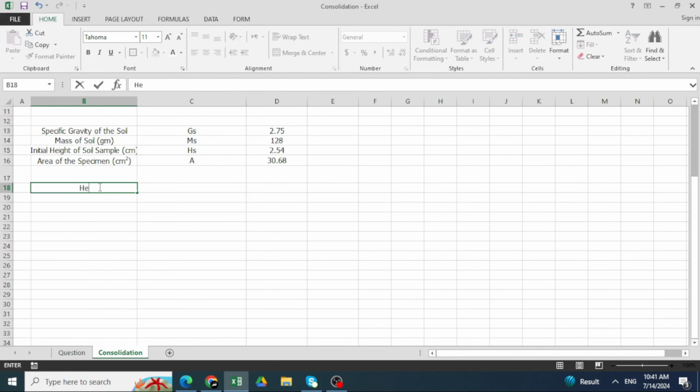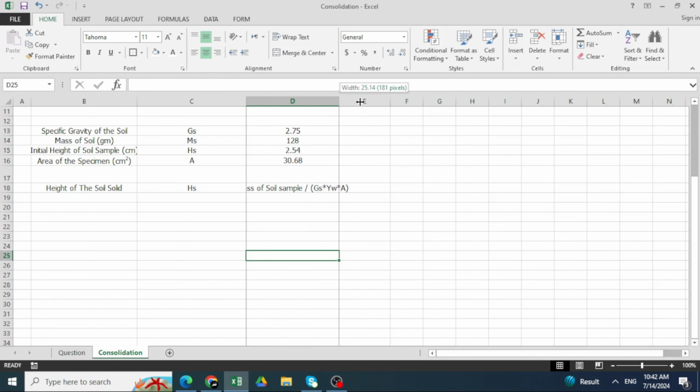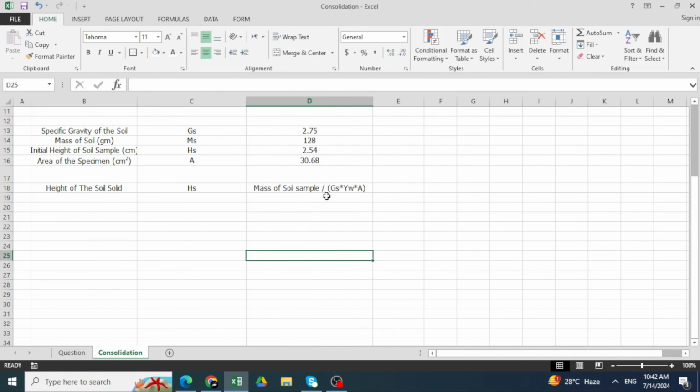So what is Hs? That is the height of the soil solids, which can be found through the formula: mass of the soil sample divided by specific gravity times unit weight of water times area of the specimen. You can see here. Now calculating the height of the solids.